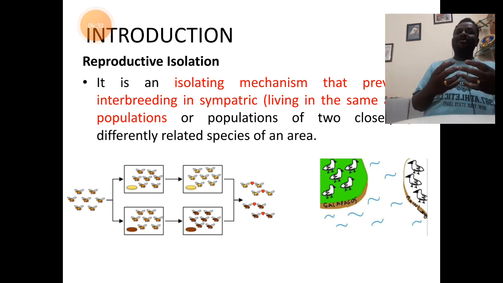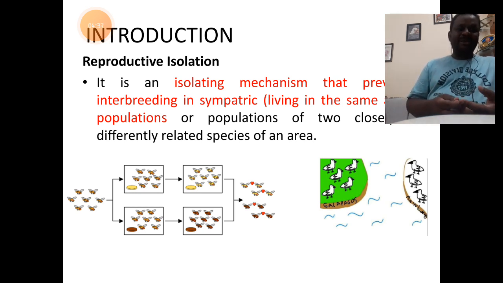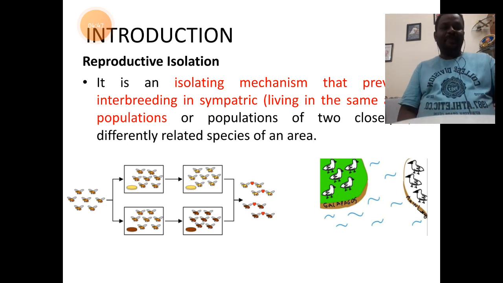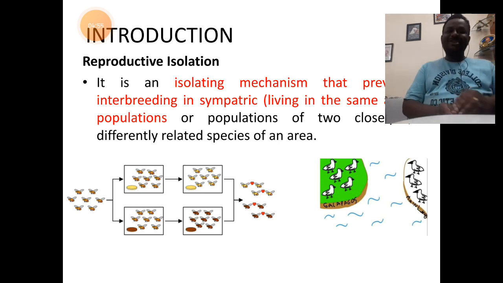Such kinds of organisms are called a sympatric population. Generally, sympatric populations do not mate in the process of reproductive isolation. One of the reasons for this is geographical barriers again. Okay. So geographical isolation will lead to reproductive isolation.